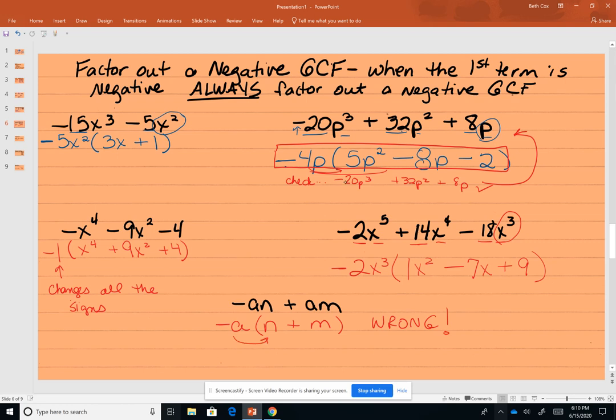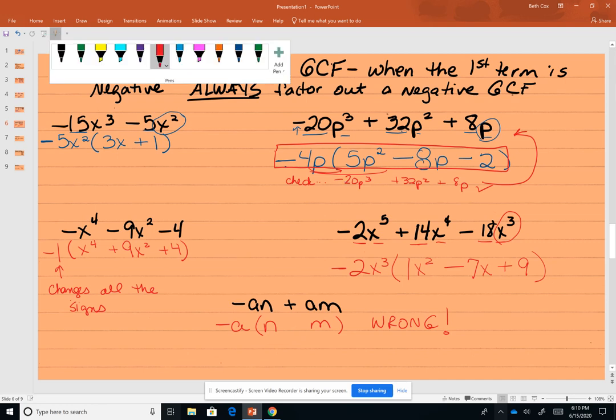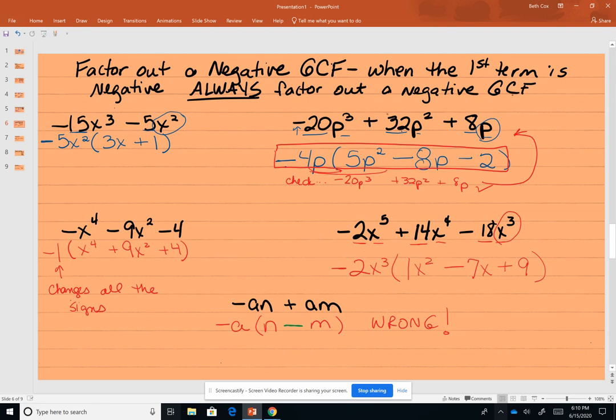If I check it, I'm going to get a negative an and a negative am, and that is not right. Okay, so I'm wrong. I checked it. I missed the sign. Almost got tricked on it. That should be a minus. So negative an, and then a negative times a negative gives me that positive an. There we go. So now it's right.